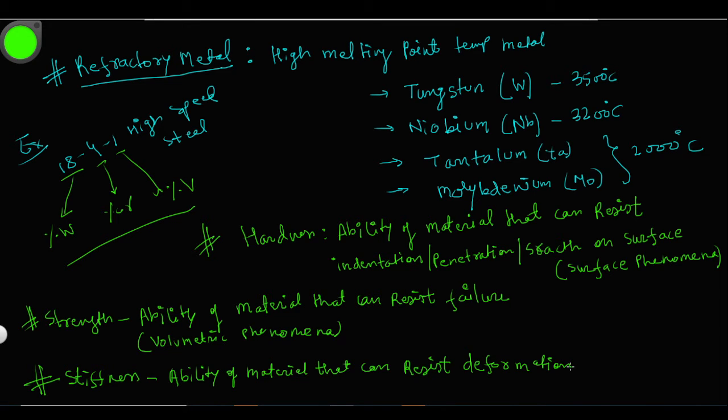Now we will talk about the measurement of hardness. How we measure the hardness. There are different methods present. So we will discuss about one by one. So measurement of hardness.